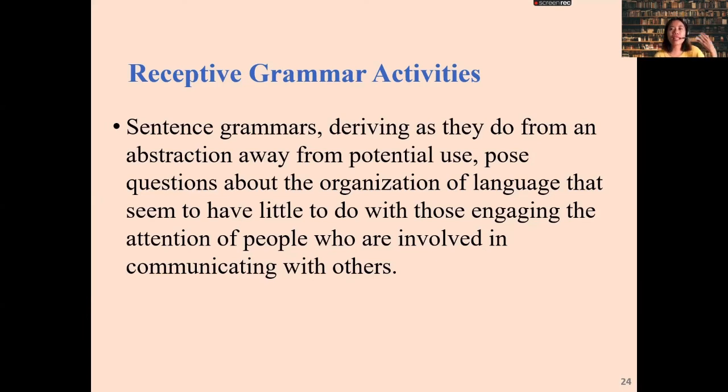When we allow our learners to listen and read, that means we give them receptive grammar activities. Maybe you would have a selection and let them read something, or maybe an audio file and let them listen to something, and from there will be questions about that. The opposite of that would be productive grammar activities, like for example writing and speaking.